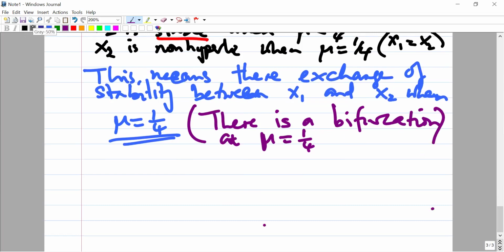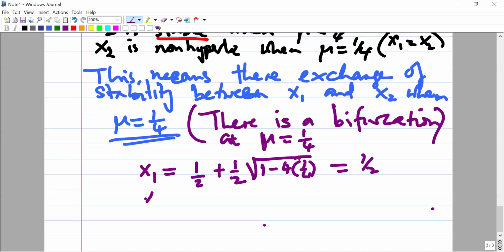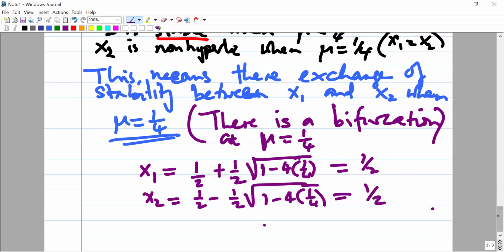Now we want to check what is the value of x1 and x2 when mu is equal to 1/4. x1 is equal to 1/2 plus half square root of 1 minus 4 times 1/4.